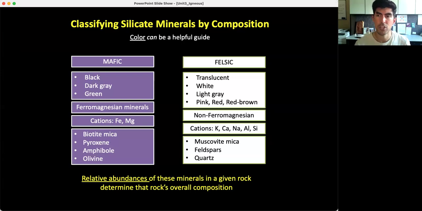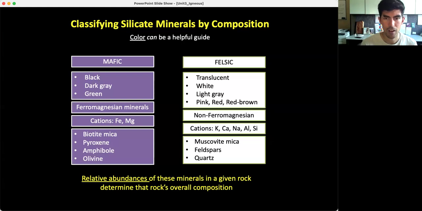the composition of igneous minerals can largely be broken into two categories. The first category is called mafic. It's shown here on the left. These minerals that then go into the formation of rocks tend to be darker in color. They can be black, dark gray, or even green.